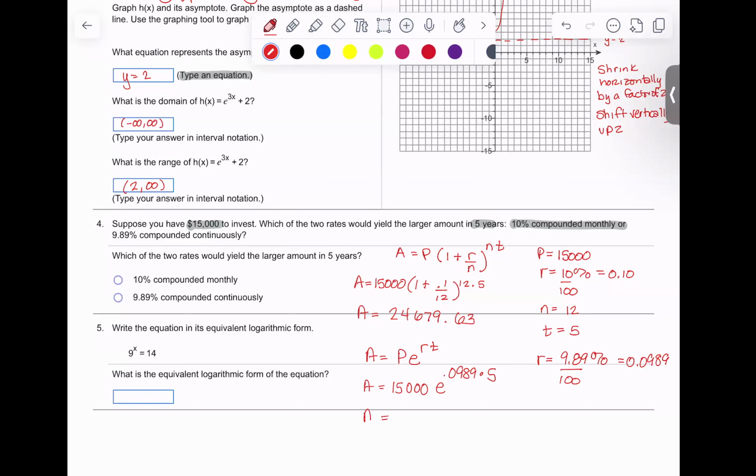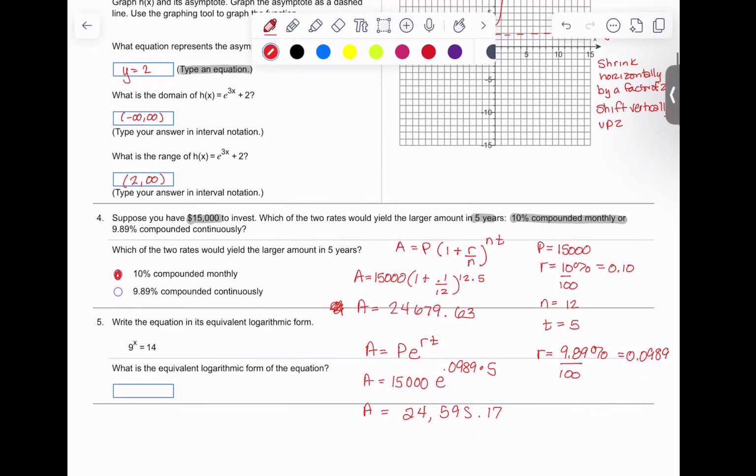So I get A is $24,595.17. So which one's more? Well, it looks like this one's more. Looks like if I invest my 15,000 at 10% compounded monthly for 5 years, I'm going to make more money. So it's the 10% compounded monthly.